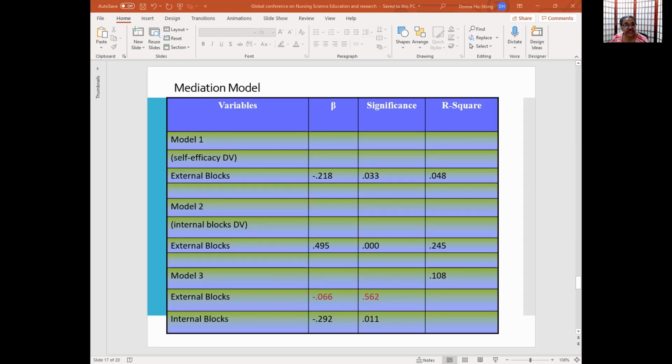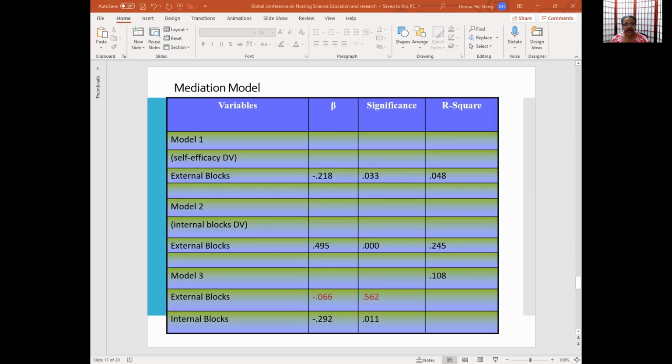So I looked at a series of regressions. The first model looked at external blocks predicting internal blocks. The third model indicated that controlling for the effects of the mediator, which was the internal blocks, on self-efficacy, the effect of external blocks was no longer significant.